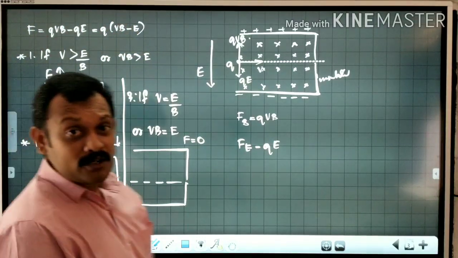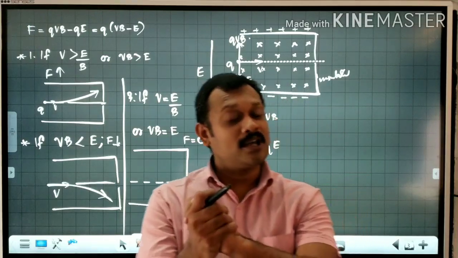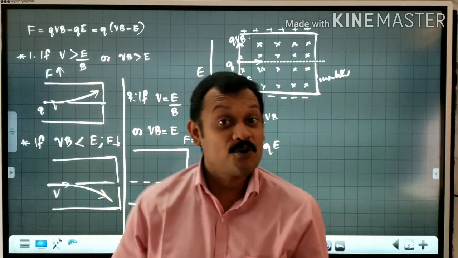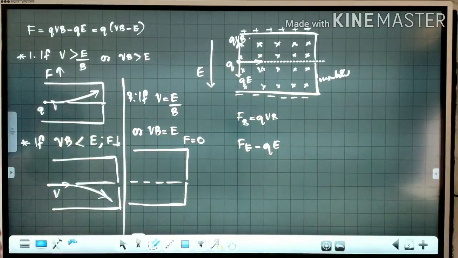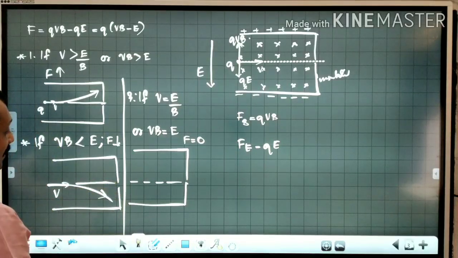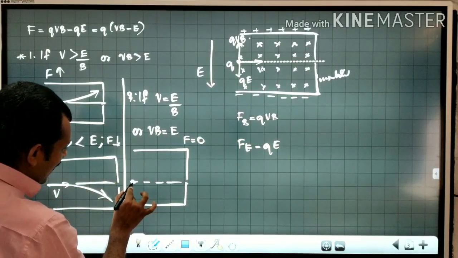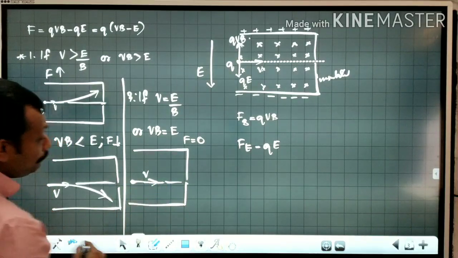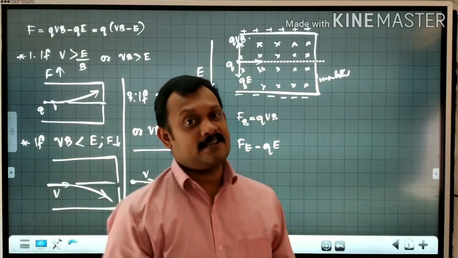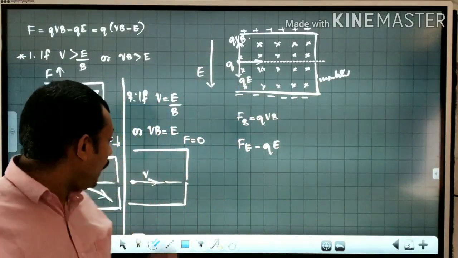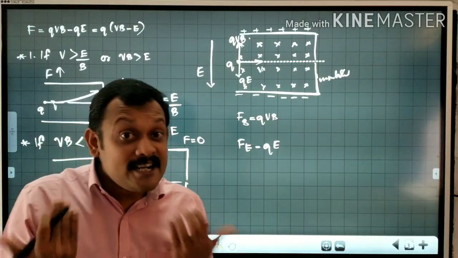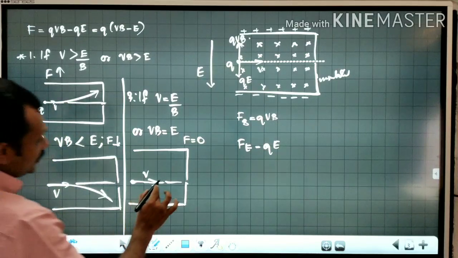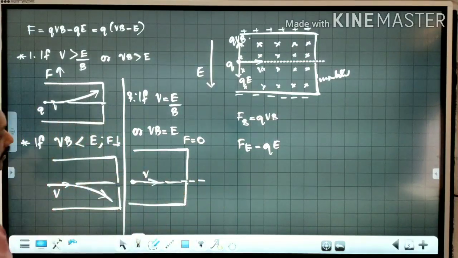Net force on the charged particle is equal to 0. Which means, if I release a charged particle with a velocity V here, it will pass undeflected. The charged particle will pass through this region without any deflection.